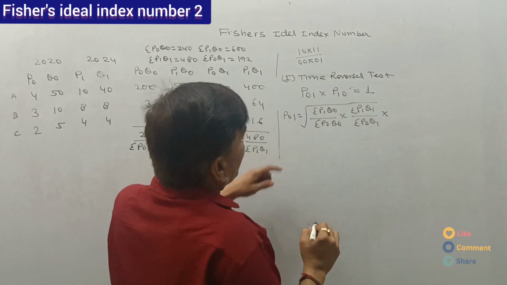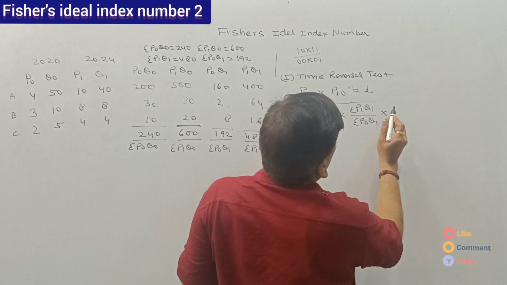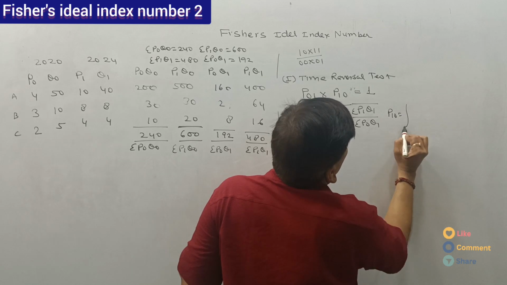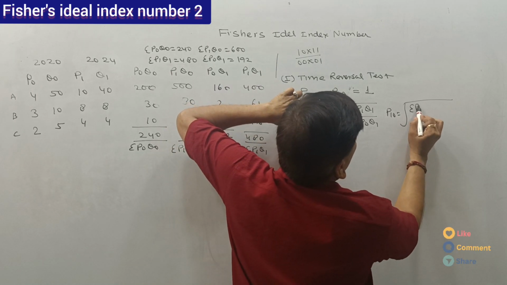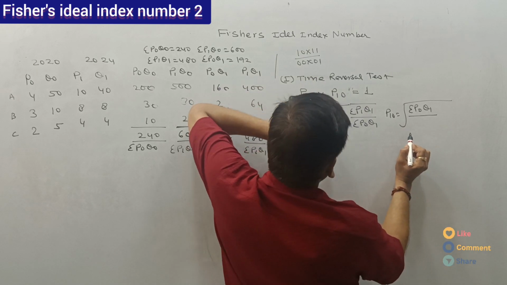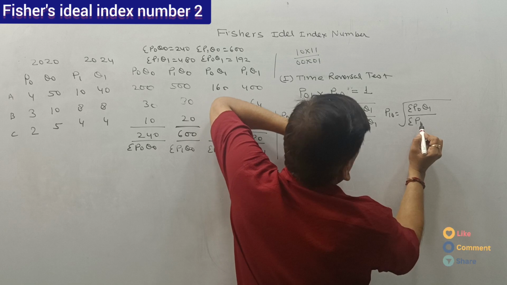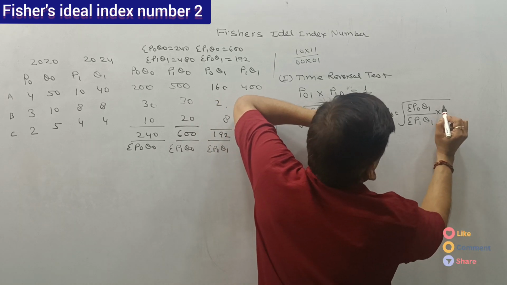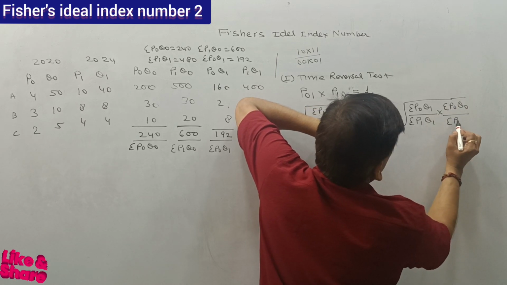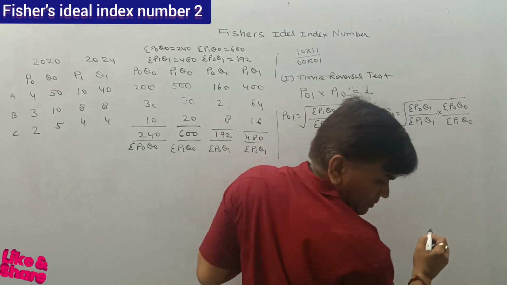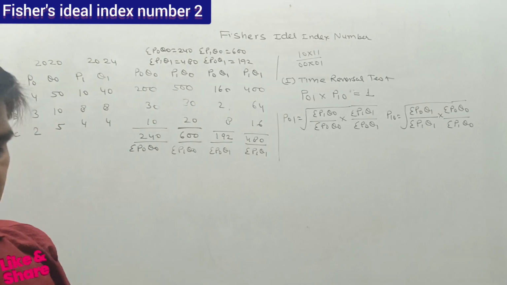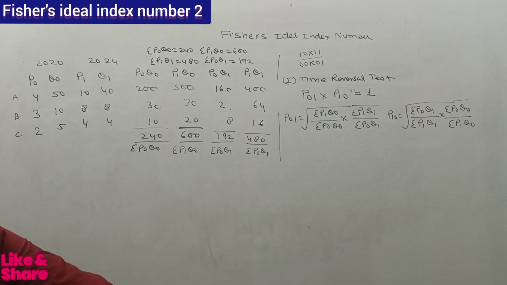Now change 1 to 0 and 0 to 1. What we have to change is 1 to 0 and 0 to 1.